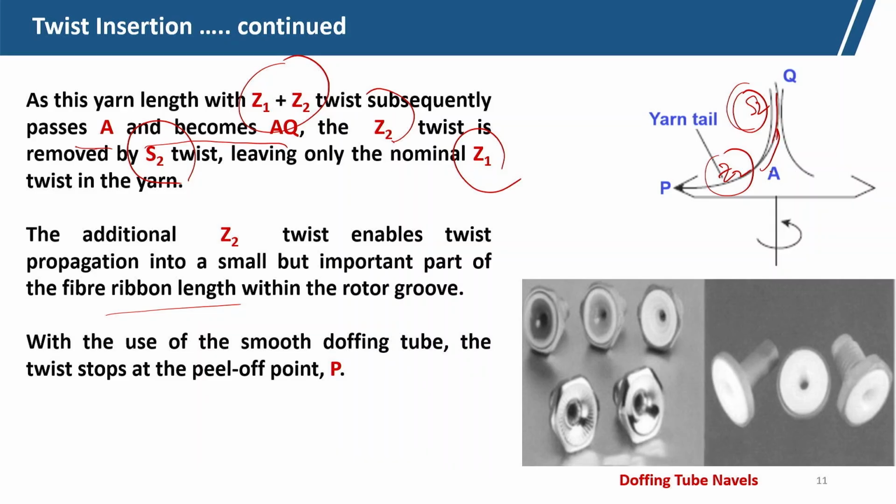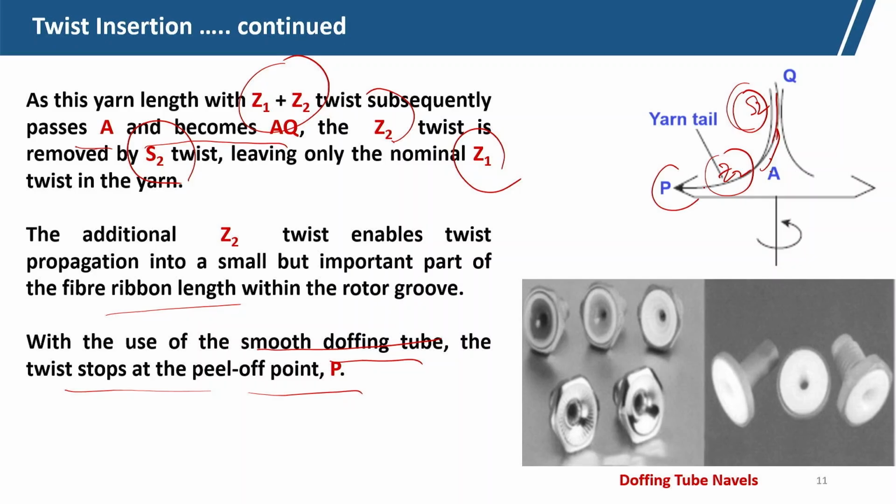With the use of a smooth doffing tube, the twist stops at the peel off point. If you use a smooth doffing tube, it will give slippage here, so no false twist will be added.